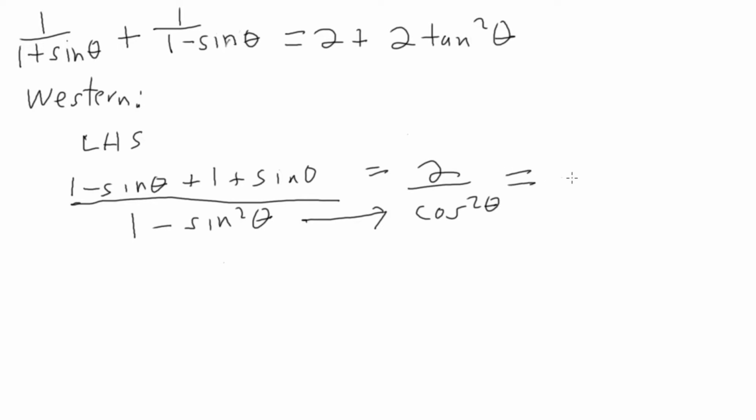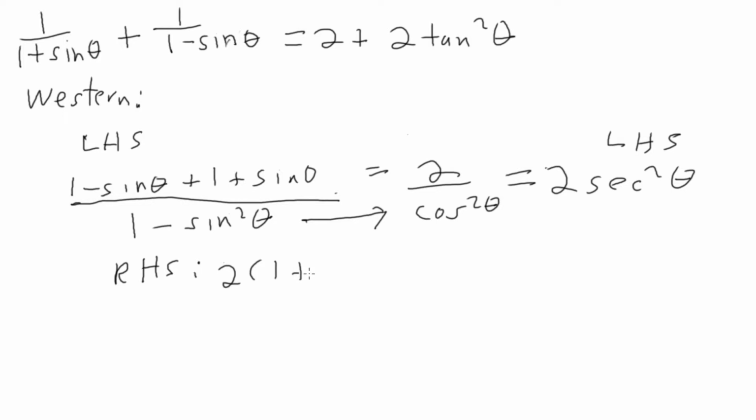Since cosine is the reciprocal of secant, we could also say 2 secant squared theta. That is the left-hand side. We are now going to deal with the right-hand side. So we see we have a common factor of 2. So we can say 2 times 1 plus tan squared theta.